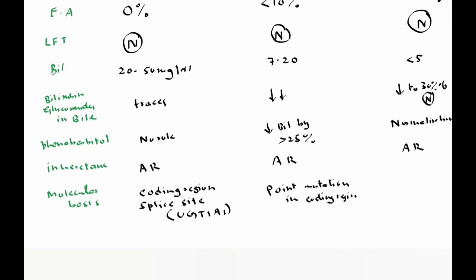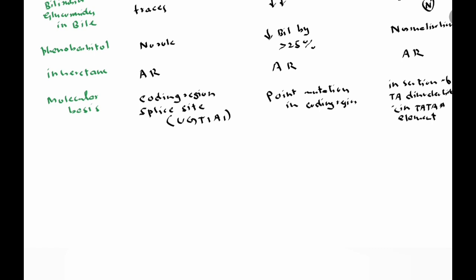In Gilbert syndrome, there is insertion of TA dinucleotide within TATA element of UGT1A1 gene. The prevalence of Crigler-Najjar type 1 and type 2 is very rare, less than 1 in 10 lakh, while it is around 4% and very common in Gilbert syndrome.